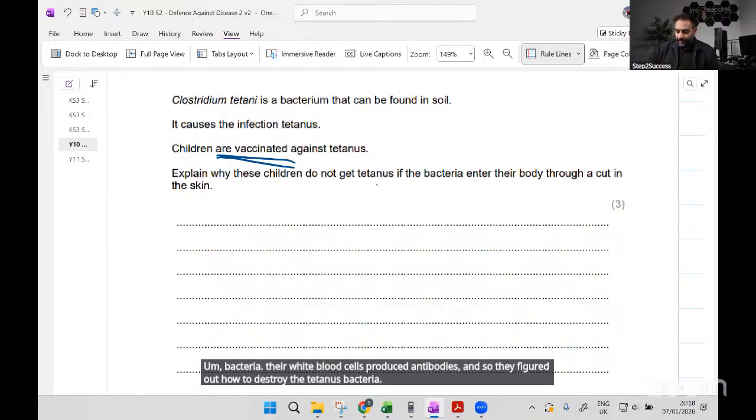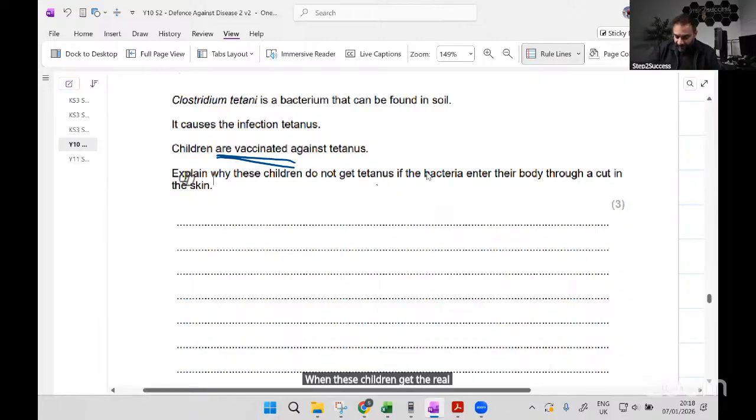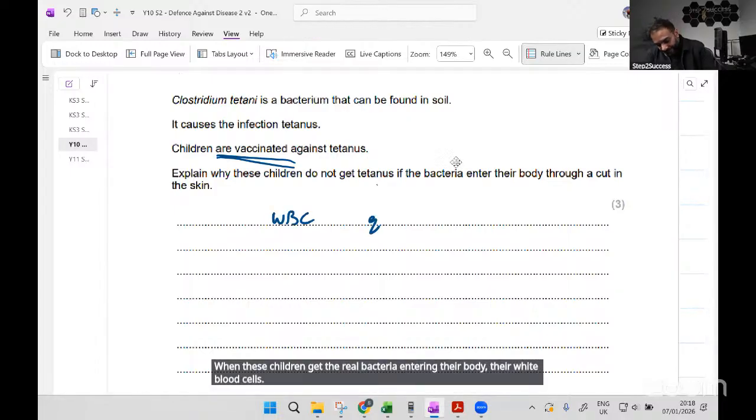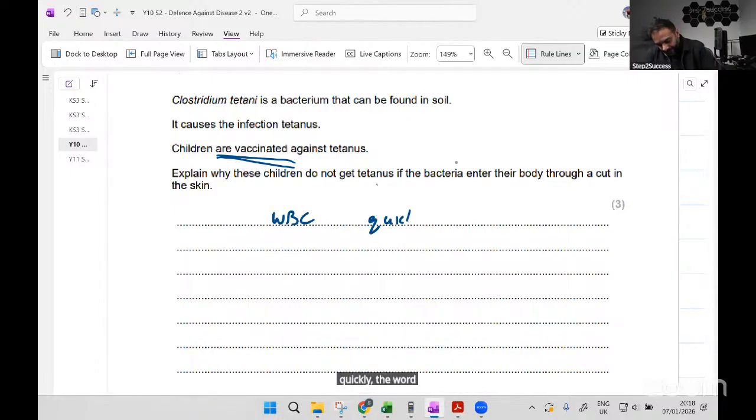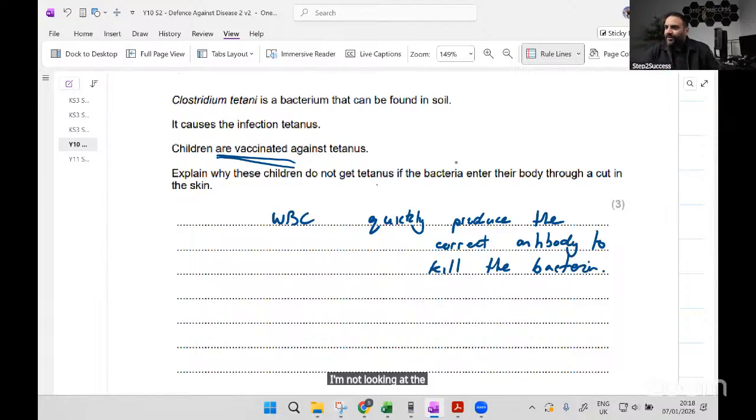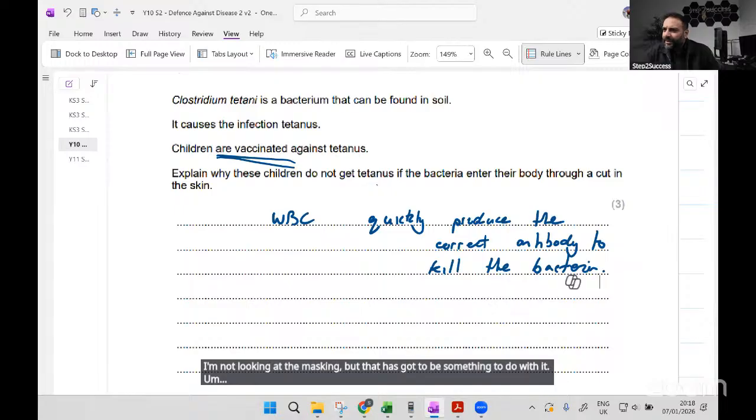When these children get the real bacteria entering their body, their white blood cells quickly, the word quickly is important here, produce the correct antibody to kill the bacteria. I'm not looking at the mark scheme, but that has got to be something to do with it. I'm not sure if I even have the answer here. Oh, it's here.